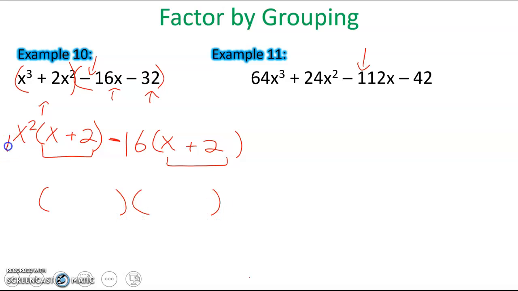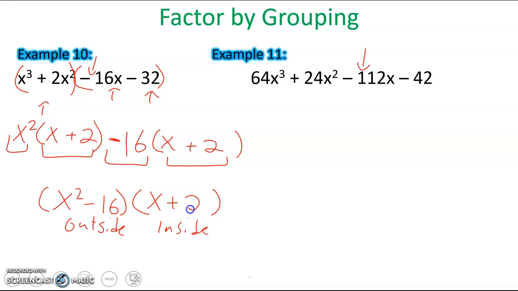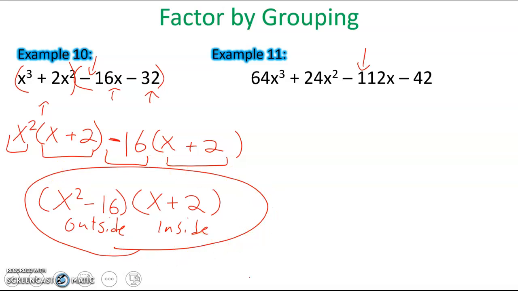I combine what's on the outside of my parentheses into 1 parentheses, which gives me x squared minus 16. And then what I have on the inside, the x plus 2, I bring down into its own set of parentheses there. And then I am done.